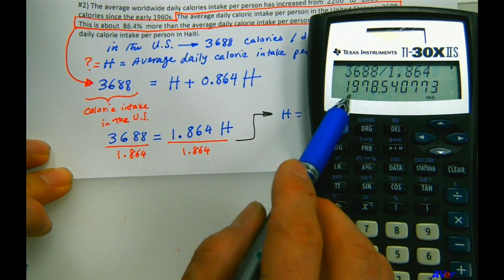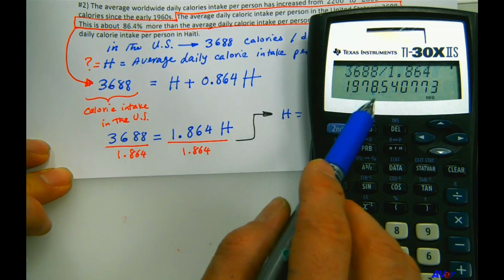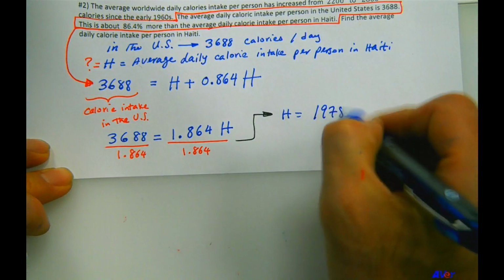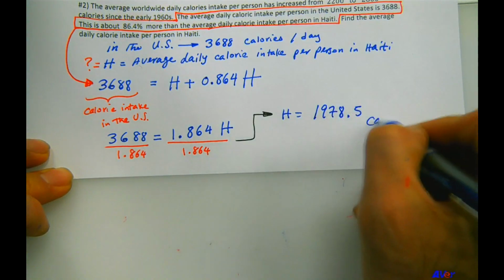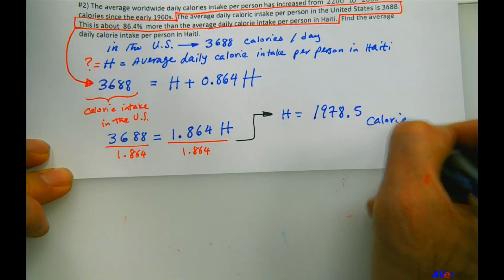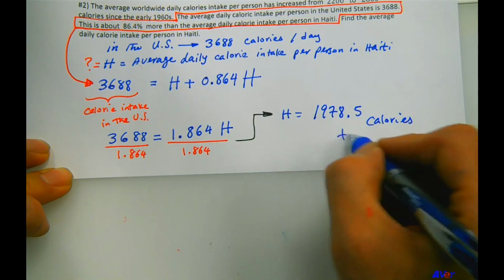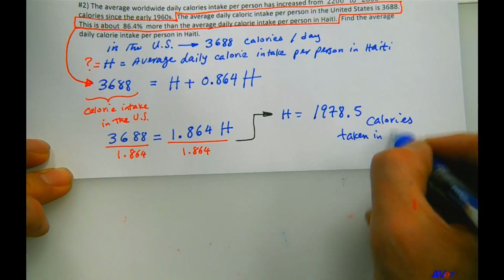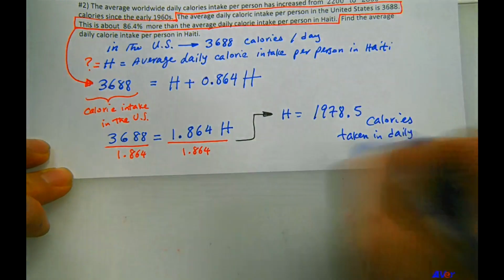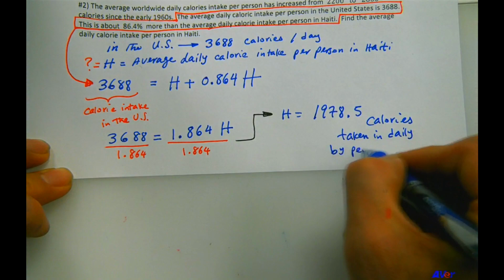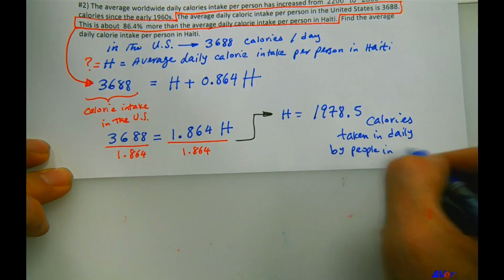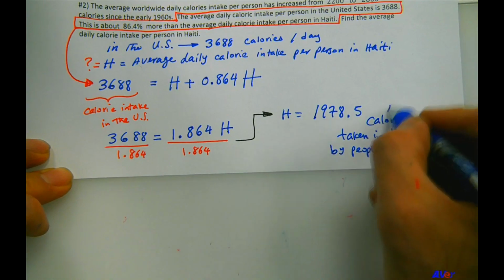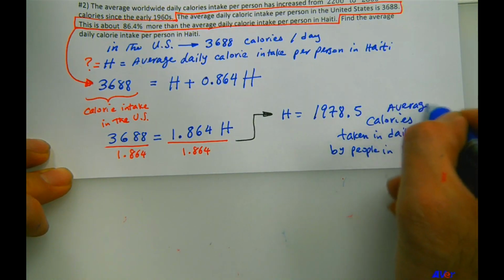So 1,978.5. And this is, of course, the average.